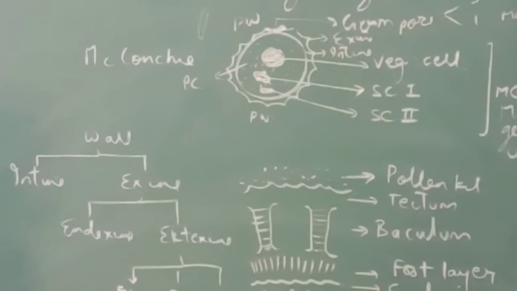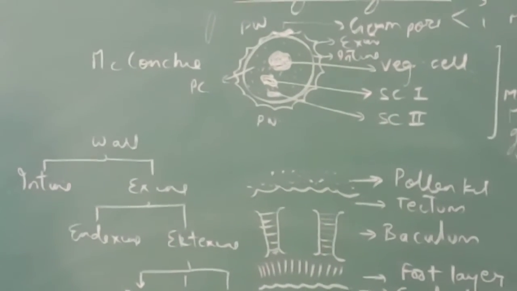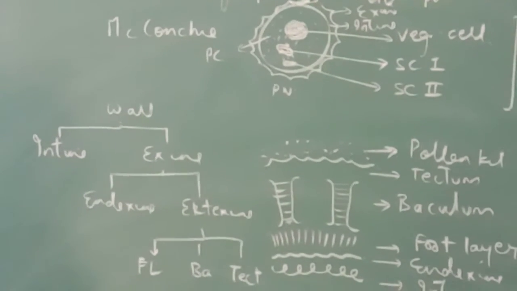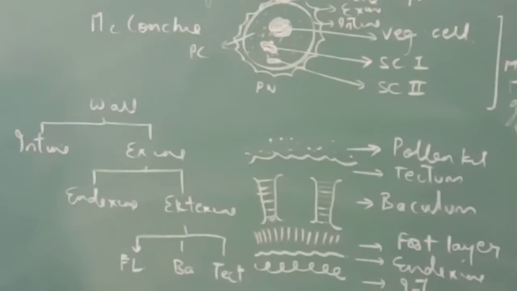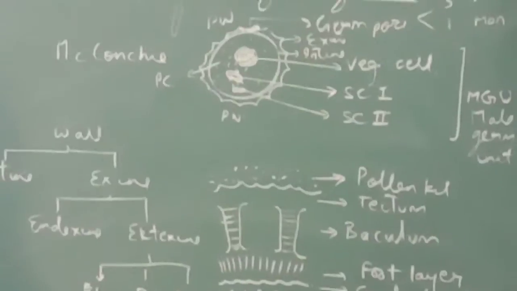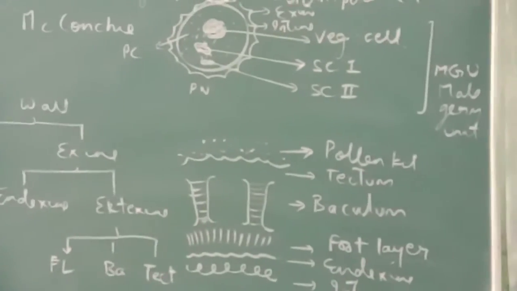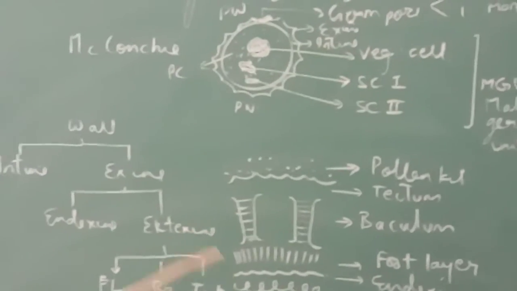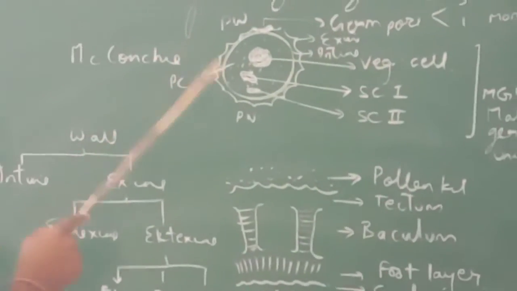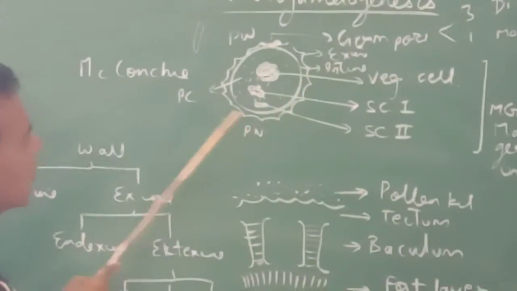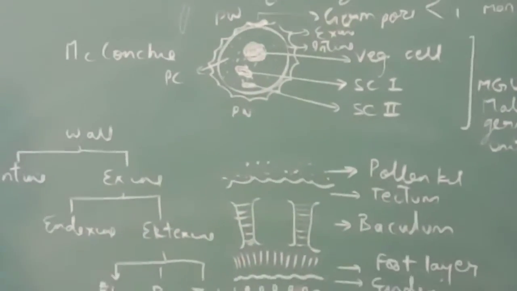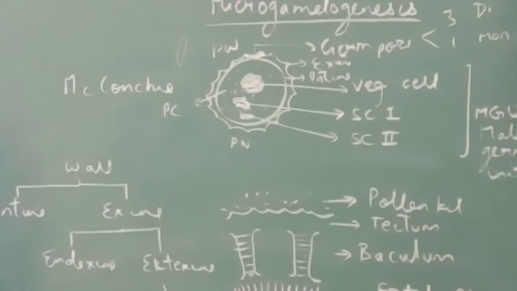When the microspores were in the development process, there was no pollen wall. They were surrounded by the callose, which was dissolved by the enzyme callase from the tapetum cells. After that, the pollens start making their walls, the material of which again comes from the tapetum.